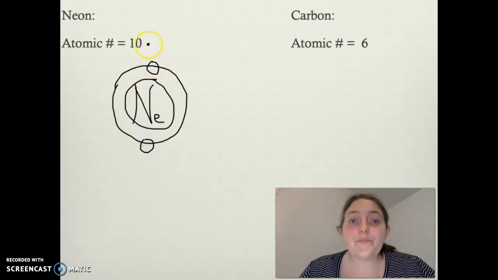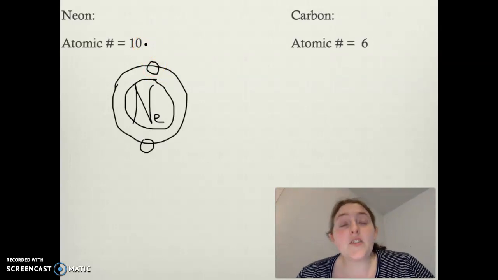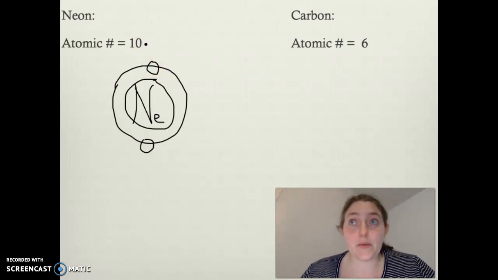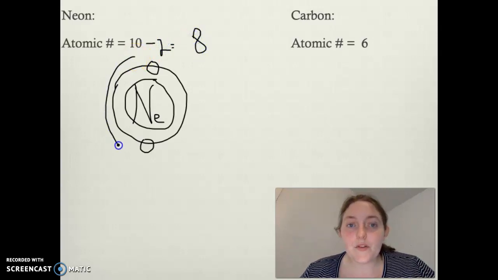Now, we started with 10 electrons, because for every number of proton, there's an equal number of electrons, if you remember. So we started with 10, we lost 2, we're now left with 8. So we'll draw another line around.